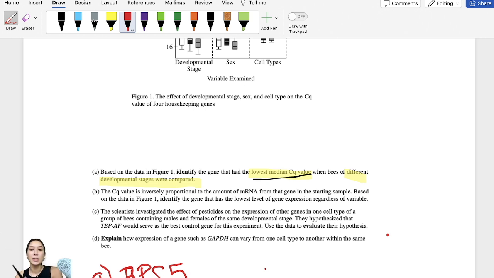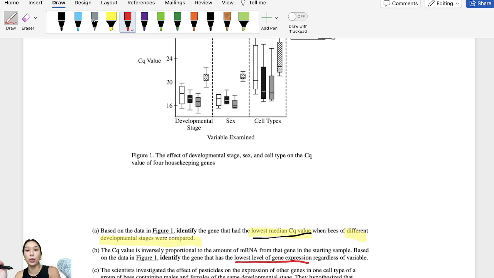Okay? Based on the data in figure 1, identify the gene that has the lowest level of gene expression regardless of variable. Okay, so this is asking for us to identify a gene again that has the lowest level of expression regardless of variable. So across all 3 categories. So again, lowest level of gene expression is not lowest CQ value. It's an inverse relationship.